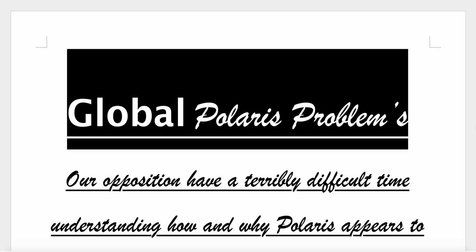This video is going to be titled Global Polaris Problems. I'm making it due to many years of our opposition not being able to understand why Polaris appears to drop in the sky by 1 degree for every 69 miles you move away from it, or rise in the sky by 1 degree for every 69 miles you move towards it.